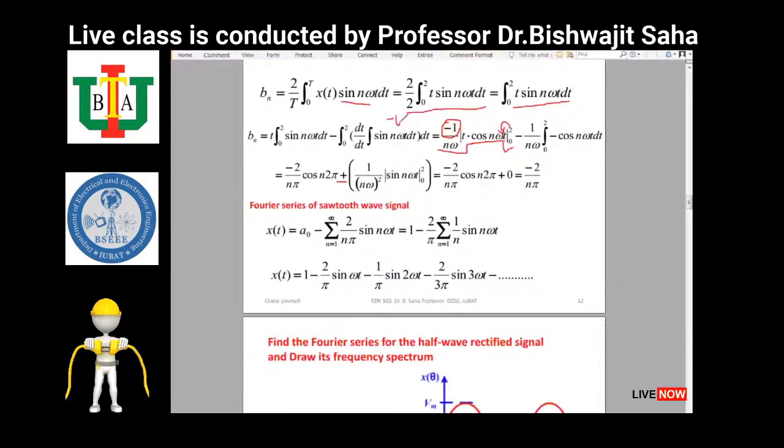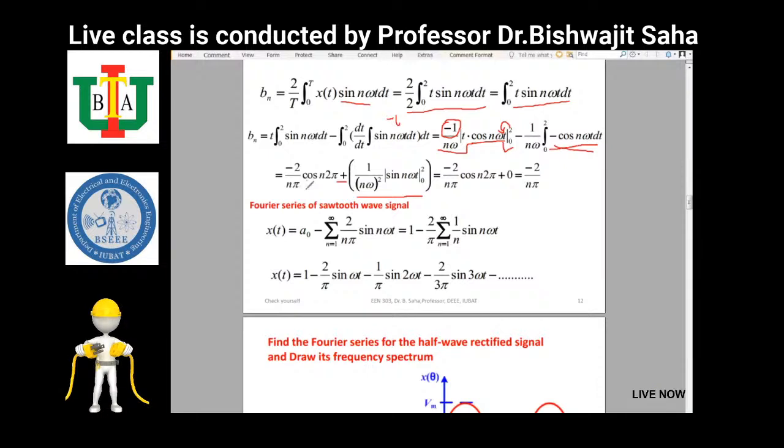So in the second term you can see sine n omega t dt, getting minus cos n omega t dt. Integrating the second term, we get 1 over n omega whole square, sine n omega t, 0 to 2.